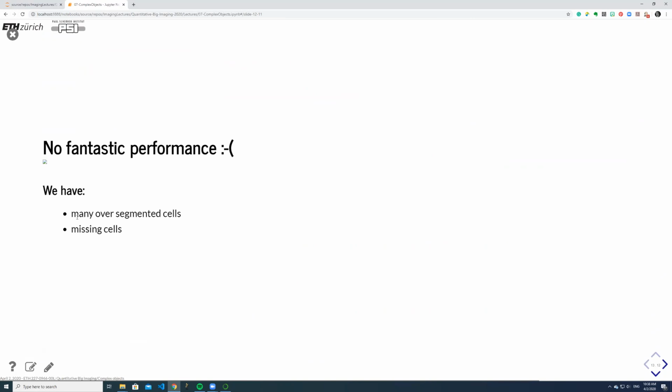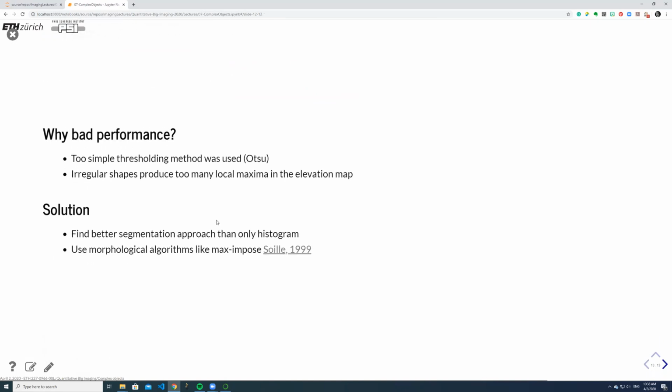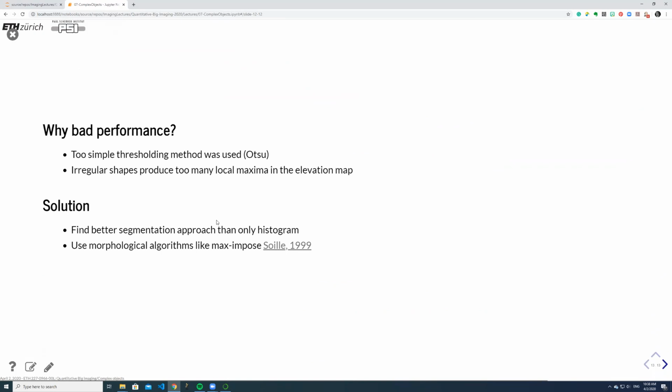But in principle, what we have are over-segmented cells and missing cells. So we need to do something about that. One reason for the bad performance is we used Otsu. We need something else, as we already have seen. Also, these cells are not perfectly smooth on the surface, and that produces a lot of local maxima in the elevation map.